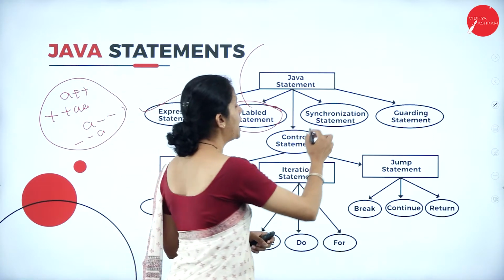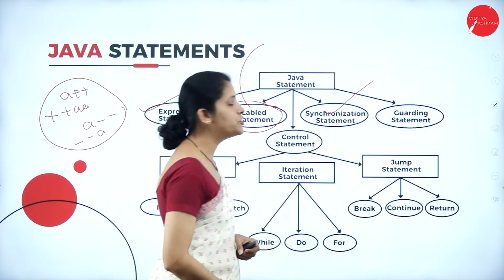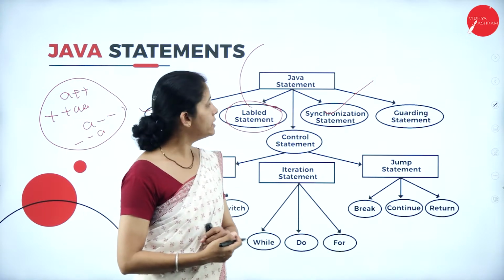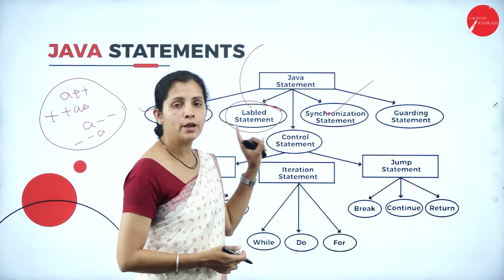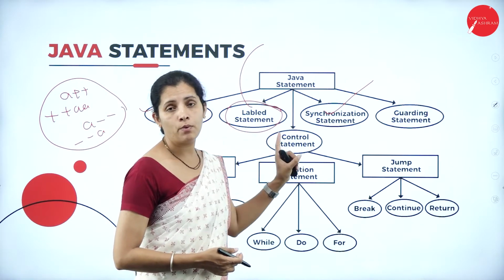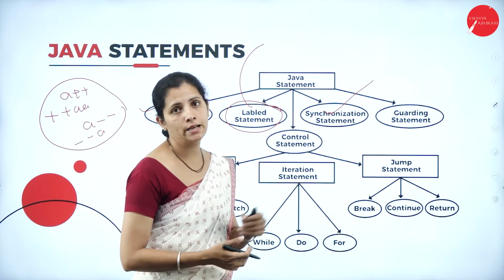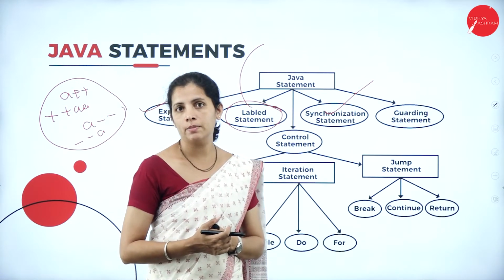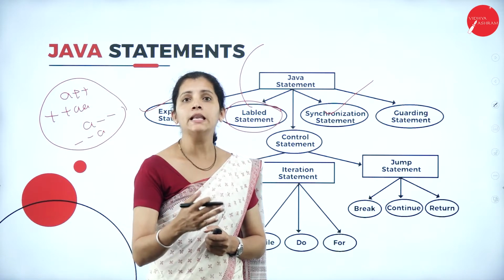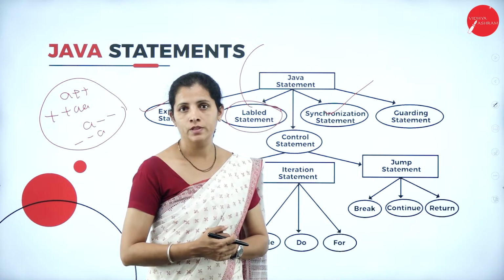Then I'm going to have synchronization statement. Now tell me why I want synchronization, because Java supports multi-threading concept. So what is thread? Here thread is nothing but program in execution.